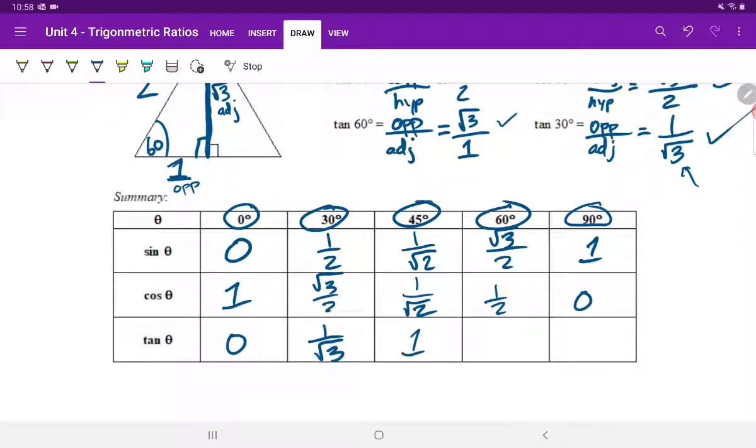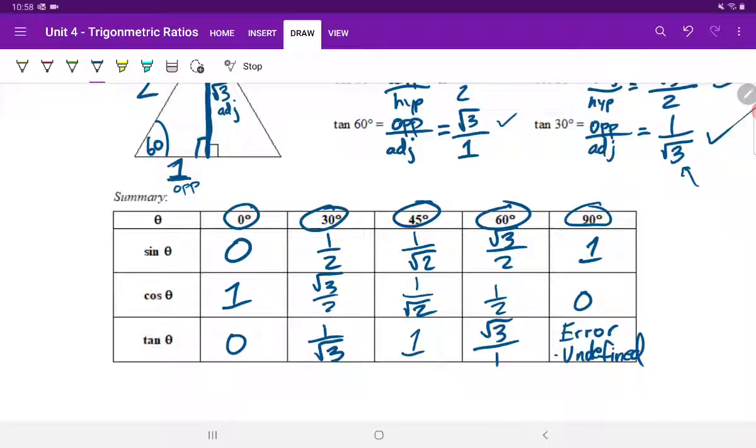Tan of 60 is the square root of 3 divided by 1. And then in your calculator, type in the tan of 90, and you actually get, it does not exist. It's known as undefined. So you cannot do the tangent of 90 degrees.